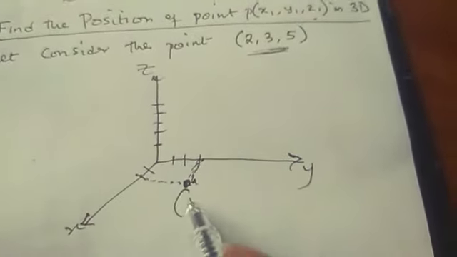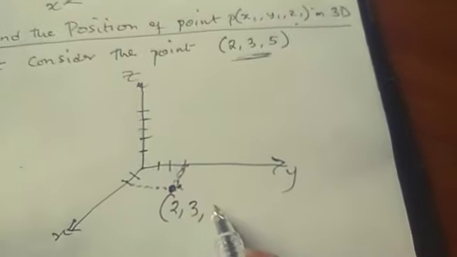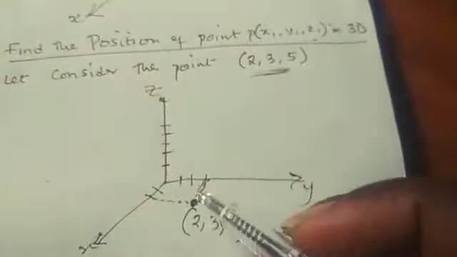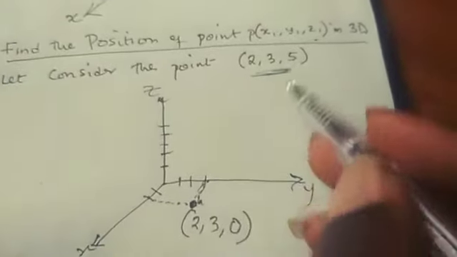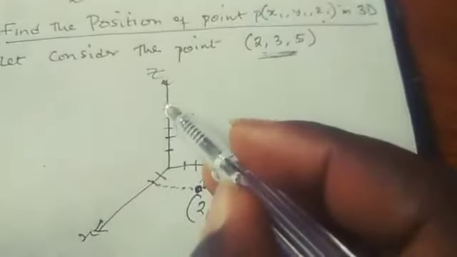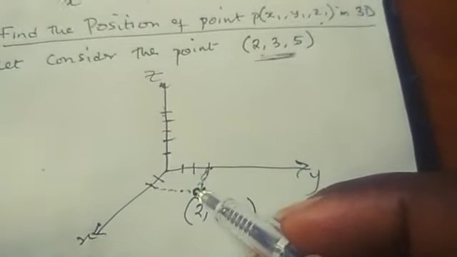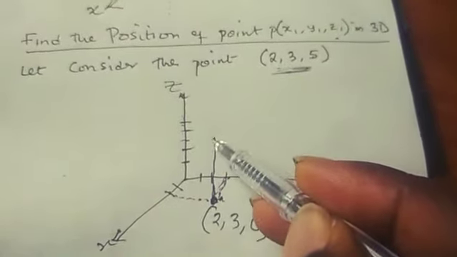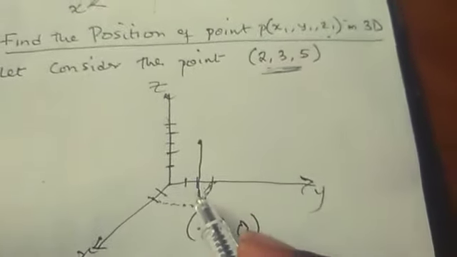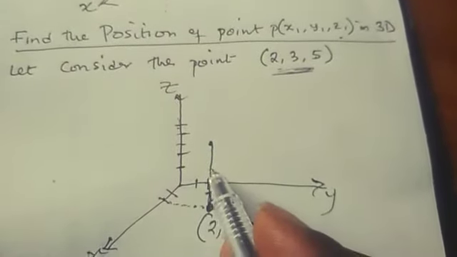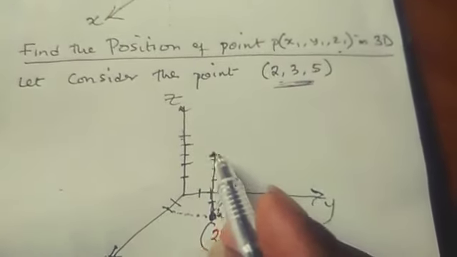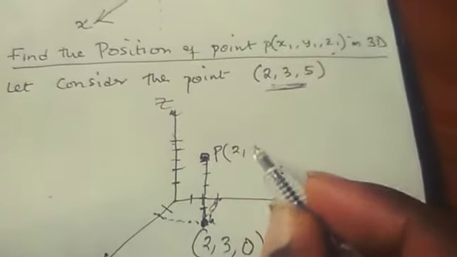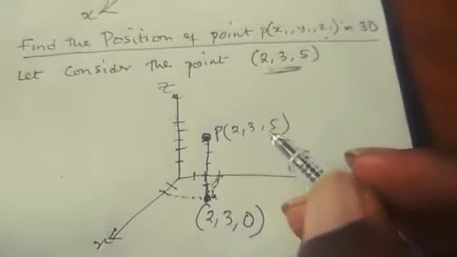So this place now we'll call point 2, 3, but it is 3D, so the next one will be 0. Now these 2 and 3 will go and meet 5 at z equal to 5. So you draw this final one parallel to the z-axis. You count 1, 2, 3, 4, 5. So this place is our point 2, 3, 5.